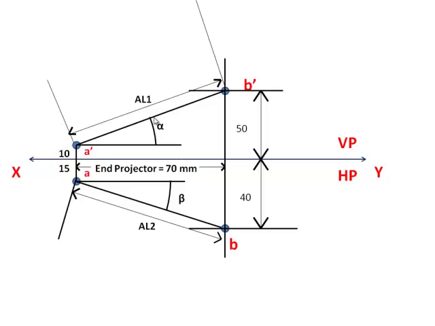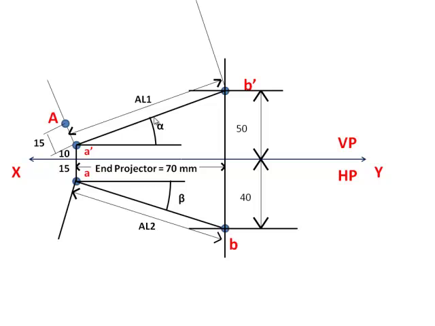Draw a line perpendicular to A dash B dash from A dash. Already you are having a line. Am I right? In that line from A dash you mark 15 mm. From A dash, on the line perpendicular to A dash B dash, mark a point 15 mm, that is your A. Can you tell me which one is 15 mm here?